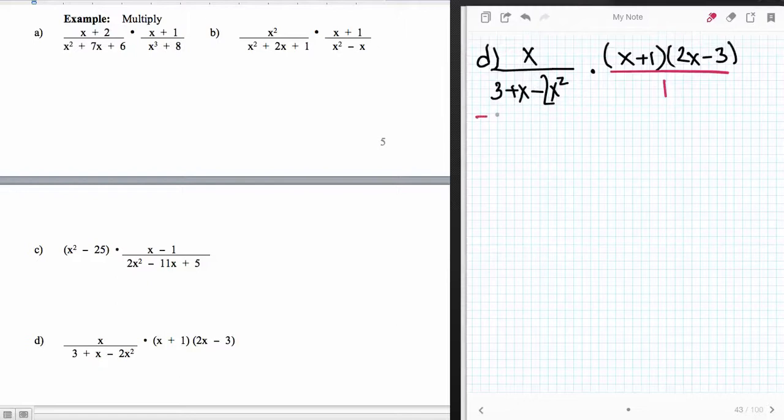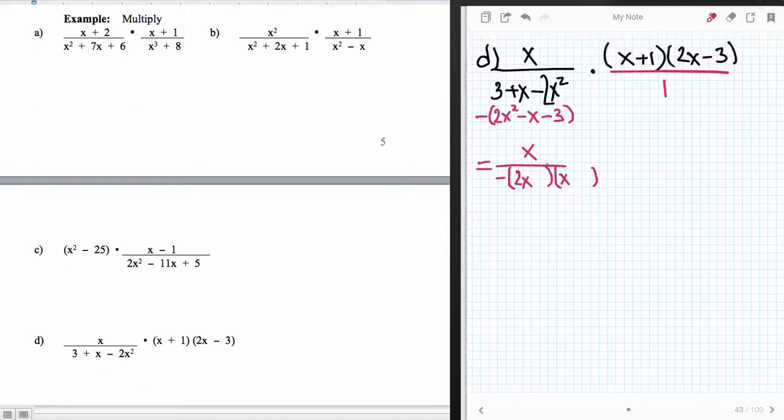So I'm going to factor out a negative from this before I ever start, giving me a positive 2x squared, a minus x, and a minus 3. And so then I will have an x over that negative times, and then a 2x and an x because that's the only way that 2 is going to factor.